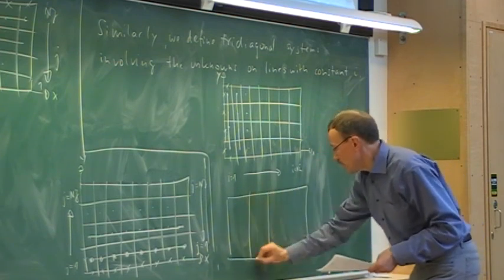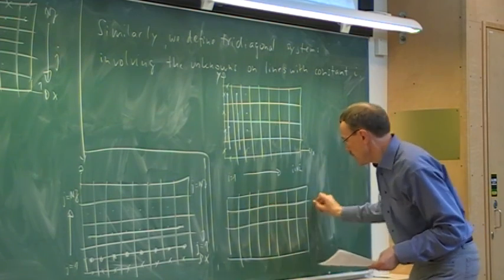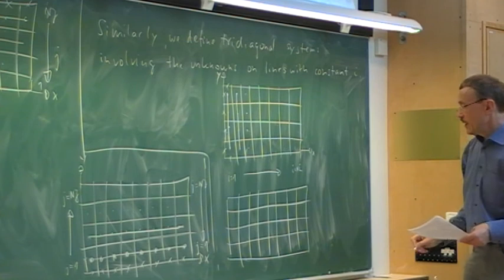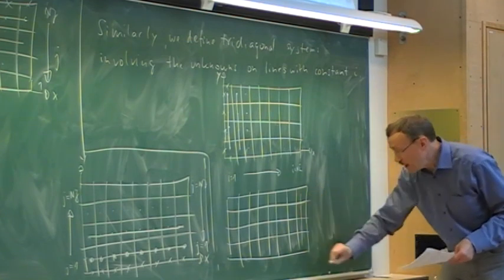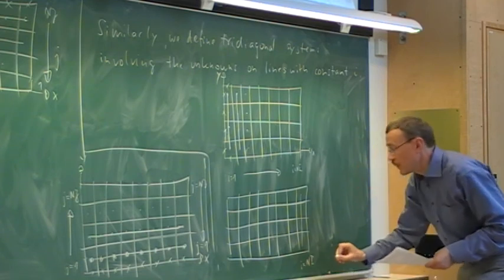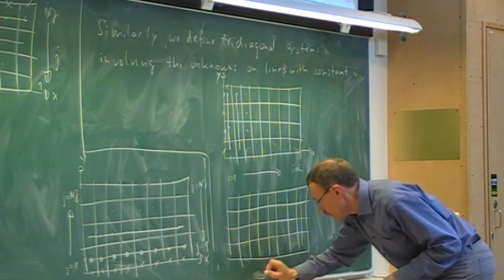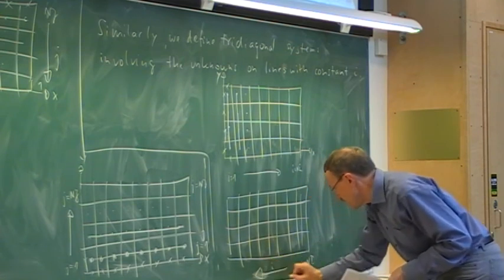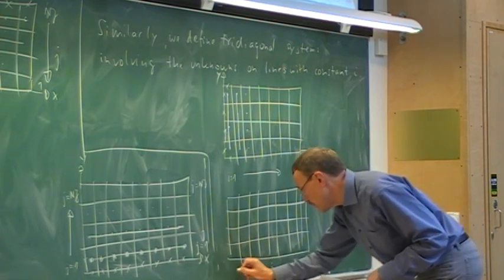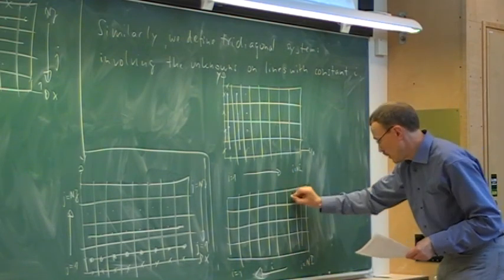So then we do the same thing. We get our equidistant grid, and then we start here. We start by I equal to Ni, and then we sweep in this direction. So we go from I equal to Ni to I equal to 1. Here we went the other way around.